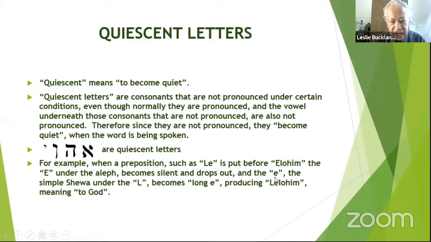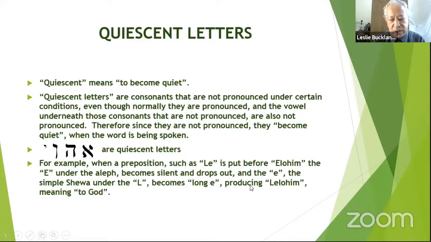And the E, the simple Shawa under the Lameth, becomes long E. That is, it becomes Sire, the long vowel Sire. That is like the E in they, or the E in way, weigh. It becomes long E, so le becomes lay.